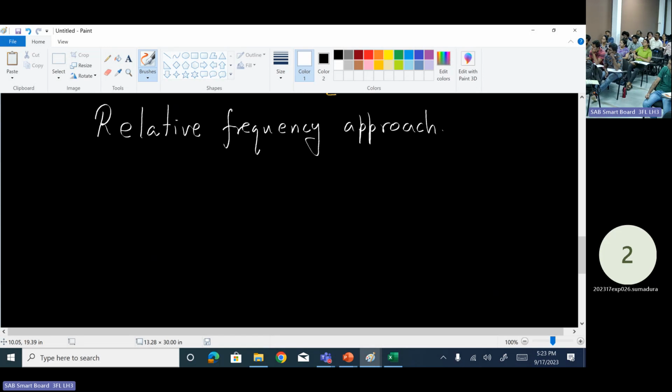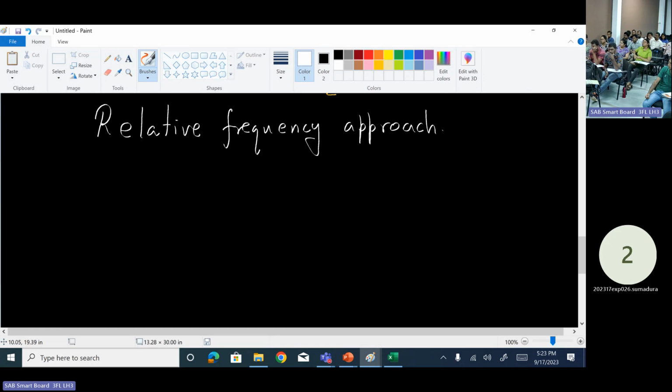But for relative frequency, you have to repeatedly do it. You don't have to do 100 or 1,000 times, but more than once: 2 times, 5 times, 50 times, 1,000 times.